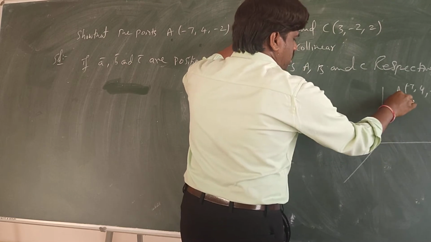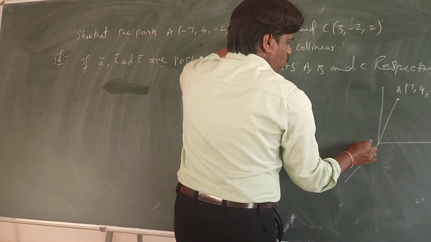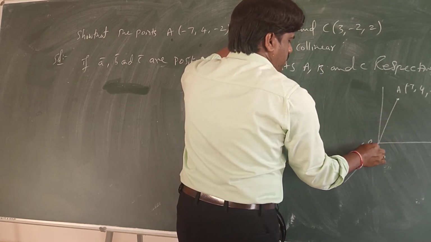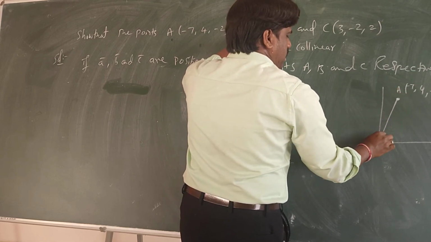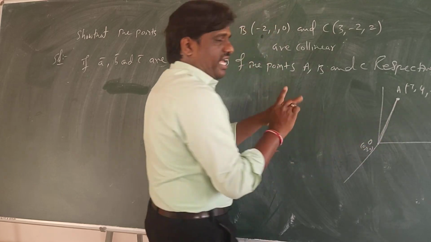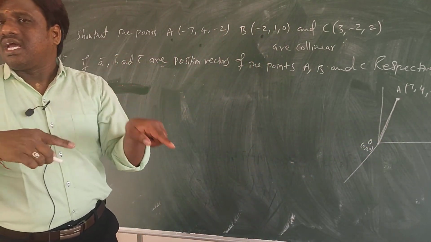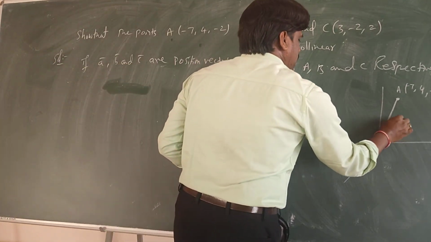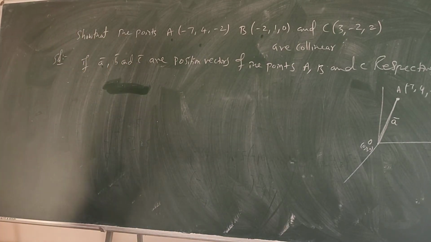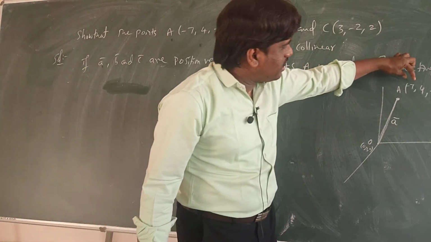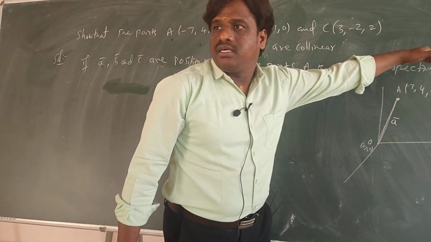If you join this to the O vector, 0, 0, 0, if I join this point A to O, this is called the OA vector, and the position vector is A. So OA vector is the position vector. So how much will A vector be here? This minus this.